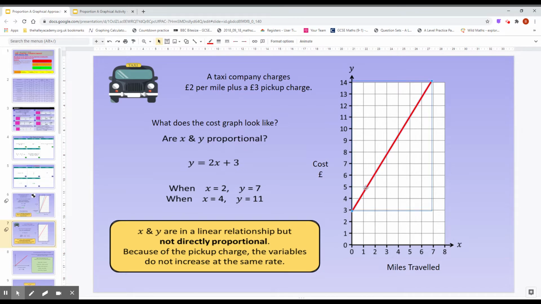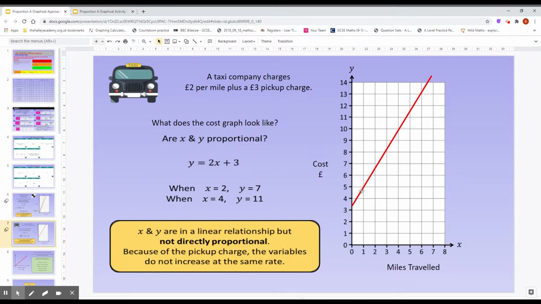If you travel for 2 miles, there's a standard pickup charge of £3 plus 2 times 2, which gives you 4, and 3 plus 4 would be 7.